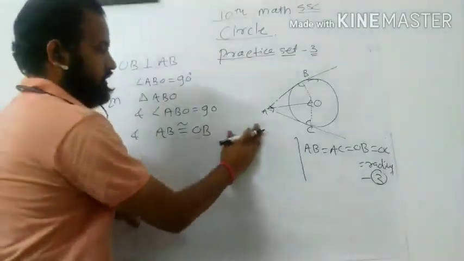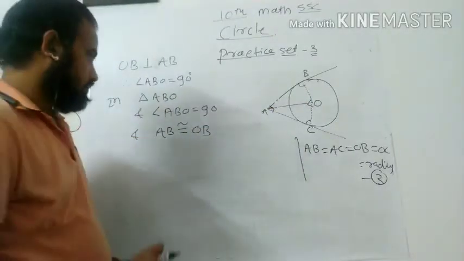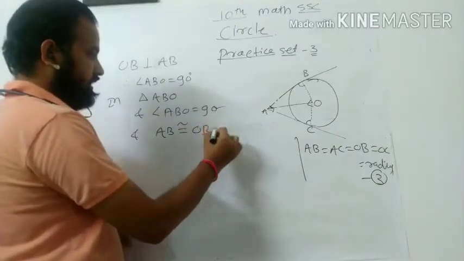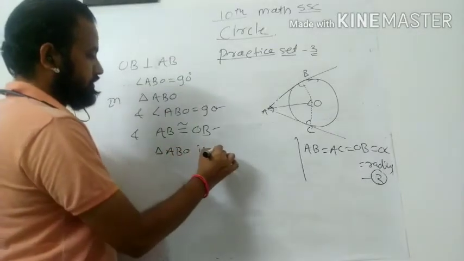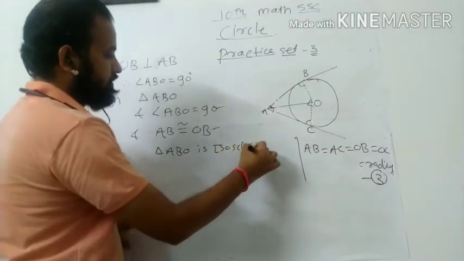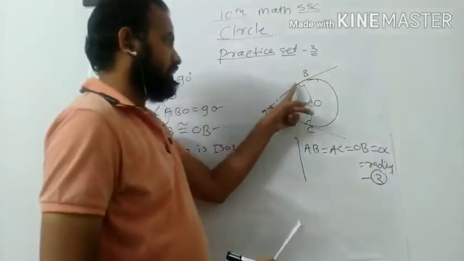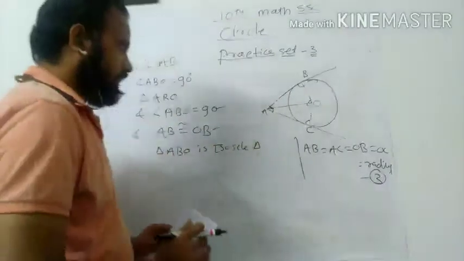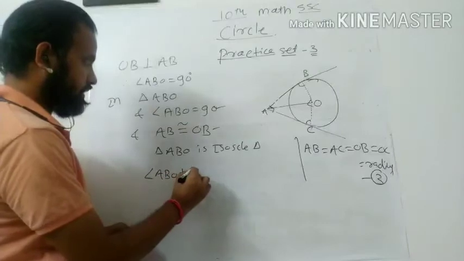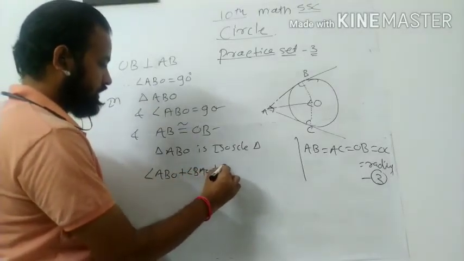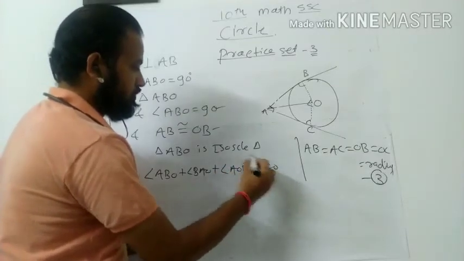I just have to mention here that it is equal to the radius of the circle. So now if this angle is 90 degrees and these sides are equal, this triangle ABO is an isosceles triangle, isn't it? And accordingly, if I add these 3 angles, it should be 180 degrees. So I can write angle ABO plus angle BAO plus angle AOB is equal to 180 degrees.